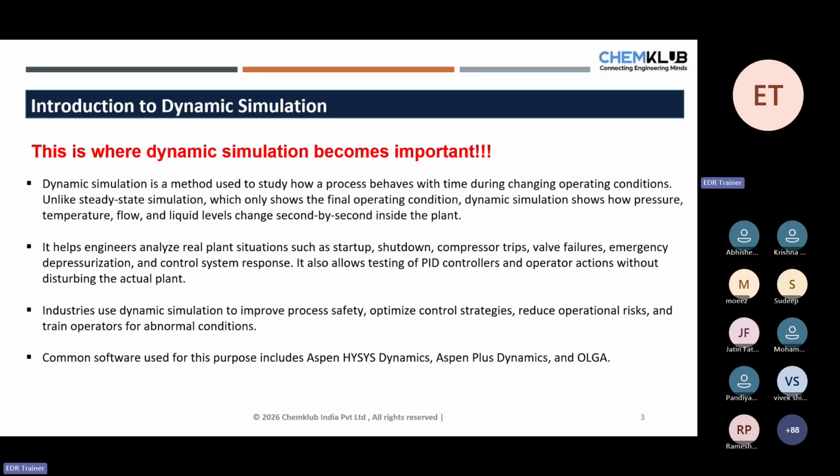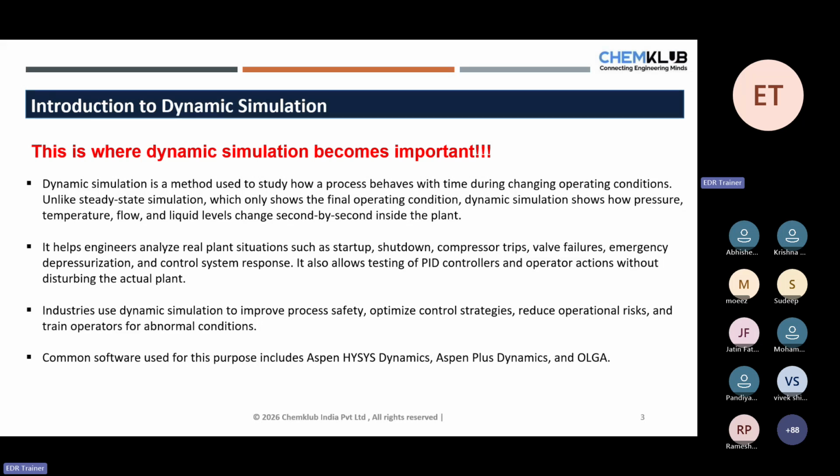While in the Middle East, they normally follow a sequence where the engineering contractor is asked to give the training of the individual packages, and the engineer also has to give dynamic simulation training to the operators for various scenarios that the plant can see.